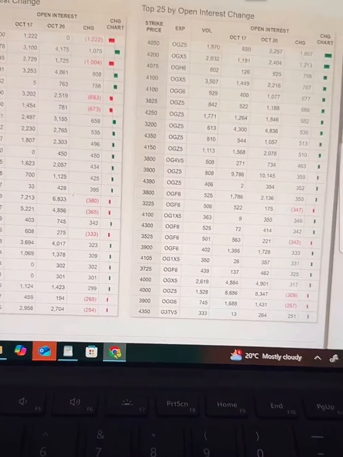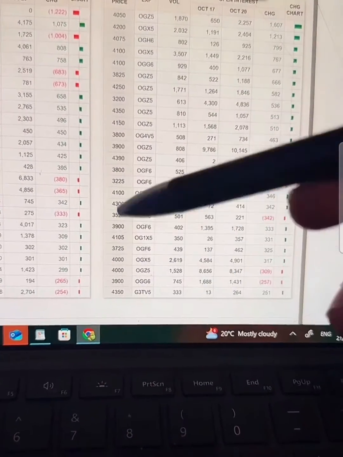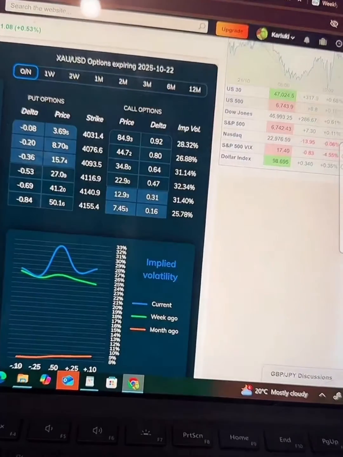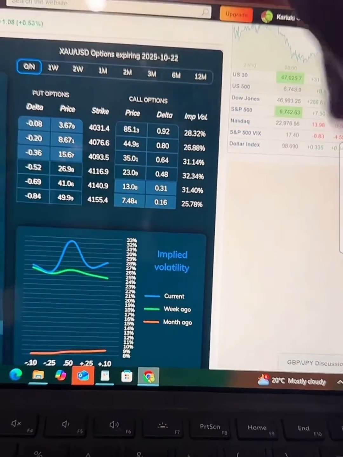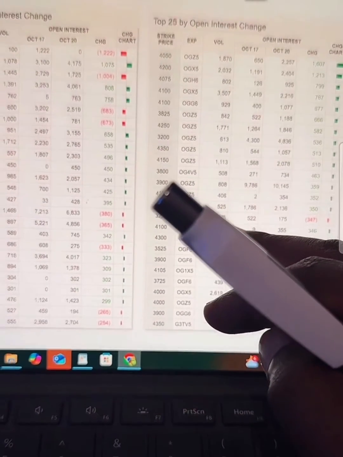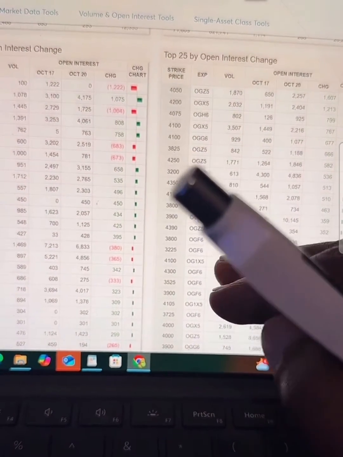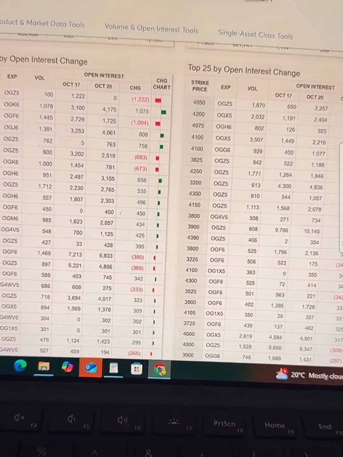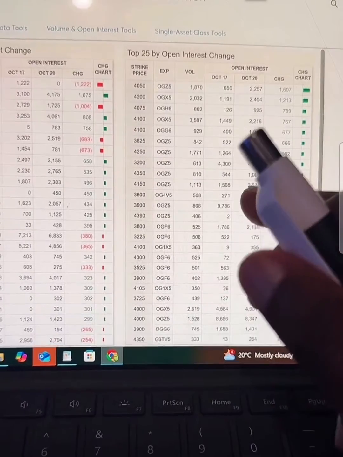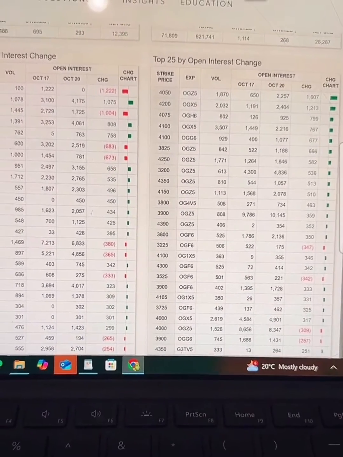If it's red, it's basically put. If it's green, it's basically call. So you have to compare between two different days, so that you know where open interest has increased and where it has decreased.